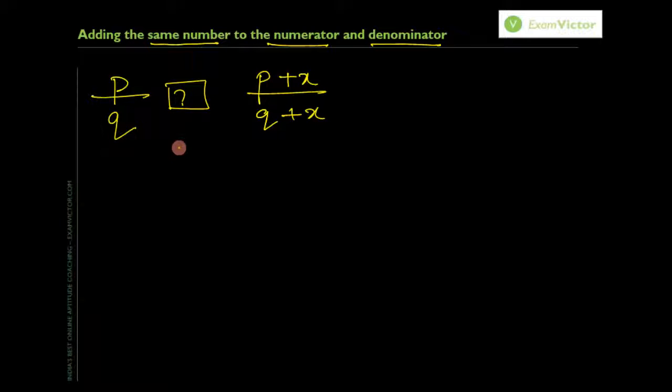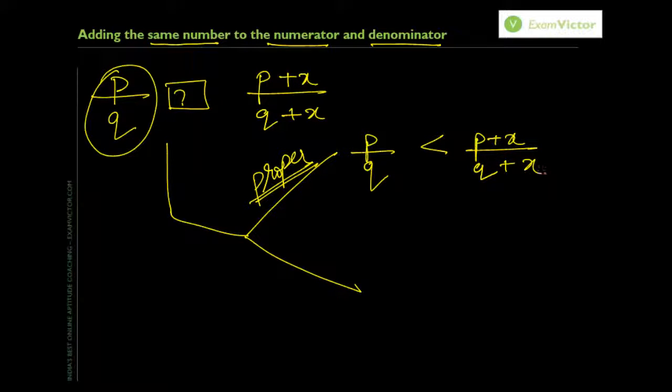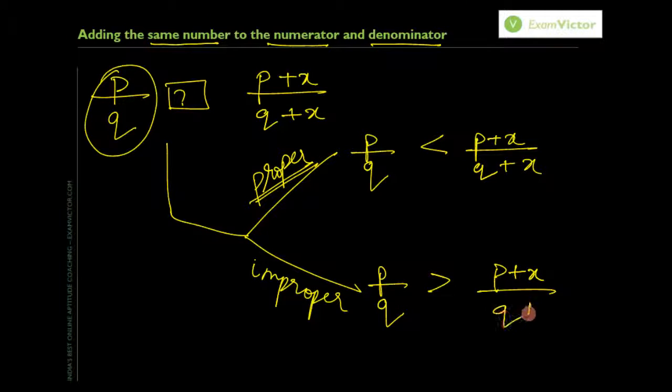So actually this divides into two alternatives. If p by q is a proper fraction, then p by q will be less than p plus x by q plus x. If this is an improper fraction, then p by q turns out to be greater than p plus x by q plus x.